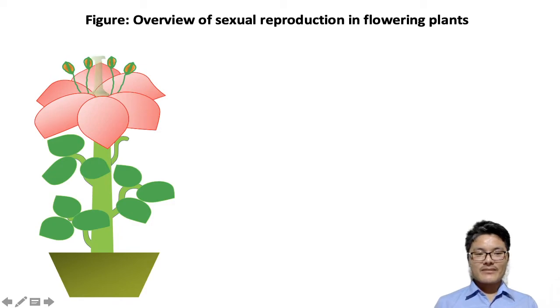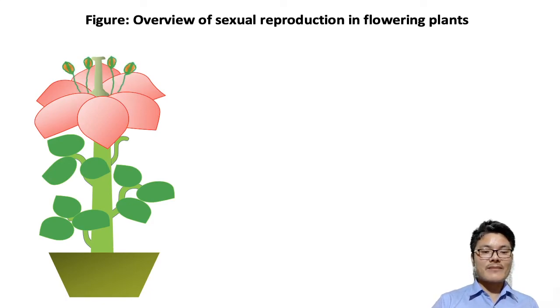We know that pistil or carpel is the female reproductive part of the flower, and stamen is the male reproductive part. In the stamen we have a bilobed anther, which will produce pollen grains, and pollen grains have to be transferred onto the stigma of the pistil in order for pollination to occur.